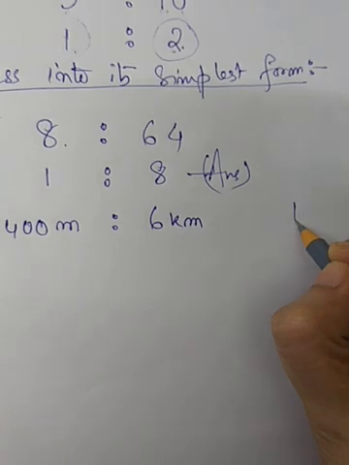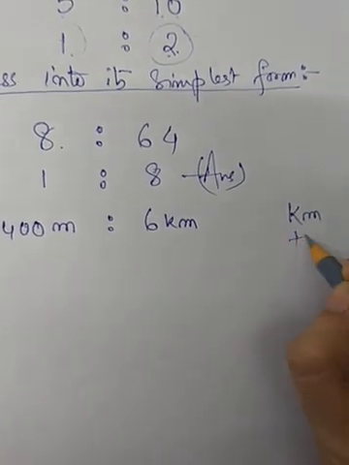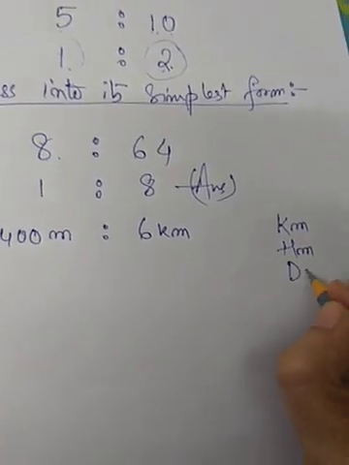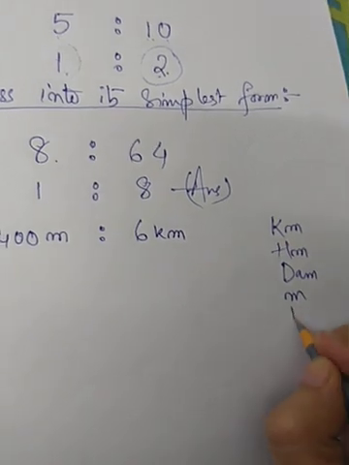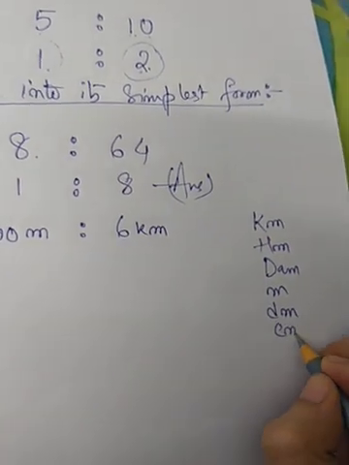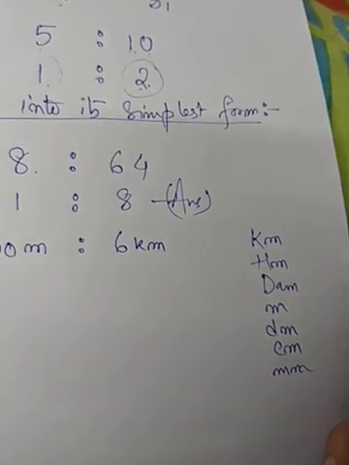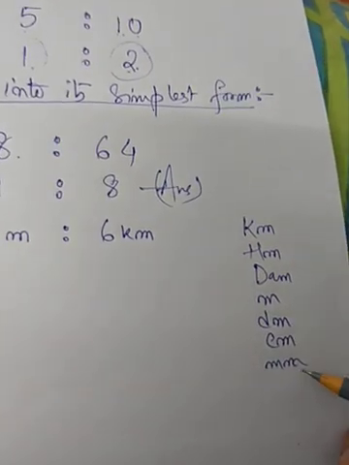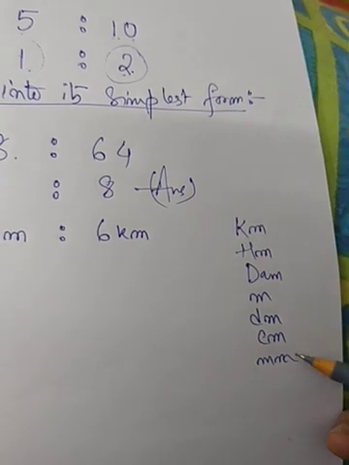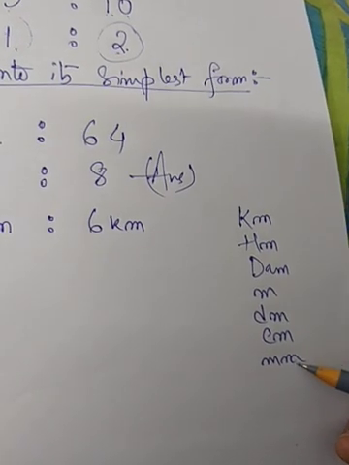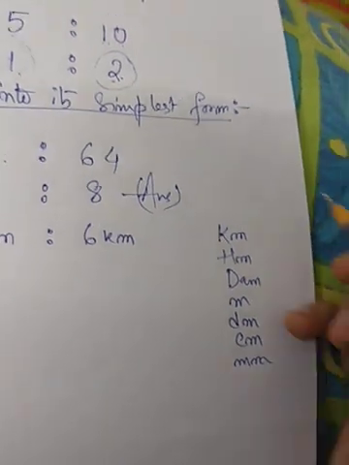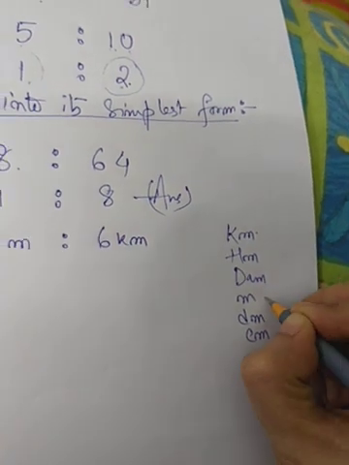We all know this table: kilometer, hectometer, decameter, meter, decimeter, centimeter and millimeter. And if you don't know, don't worry, you can memorize it from here. Now we have to convert kilometer to meter.